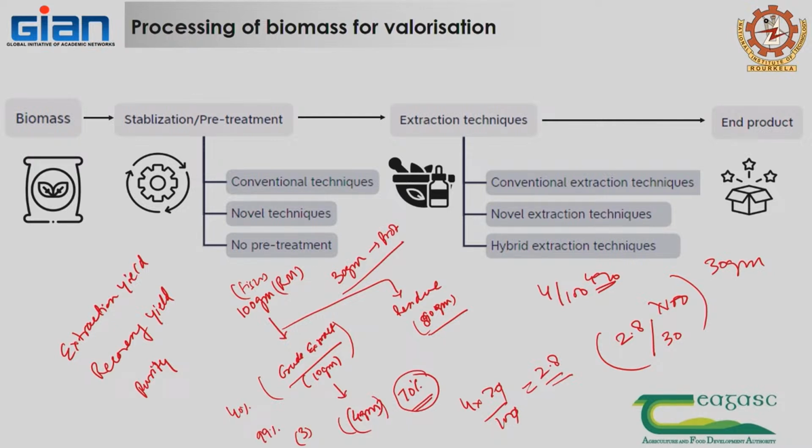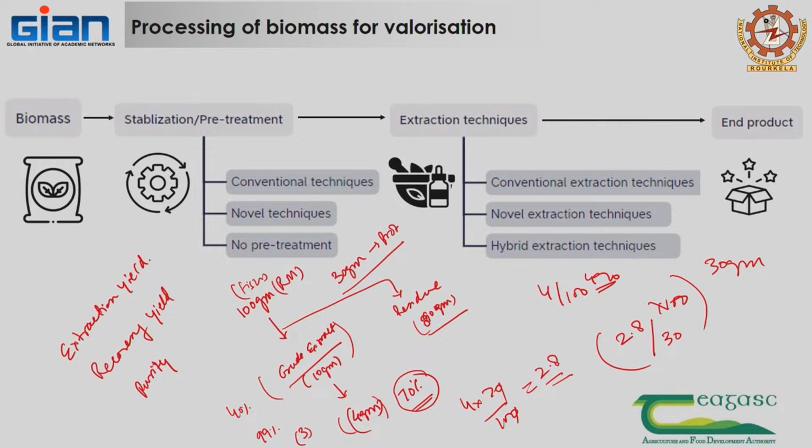So, which one is the better process? Even though here the crude protein is less, the purity is high, and 99 into 3, same thing here, 99 into 3 upon 100 divided by 30. So, that is why sometimes even when the crude extract yield is less, the recovery of protein is more.